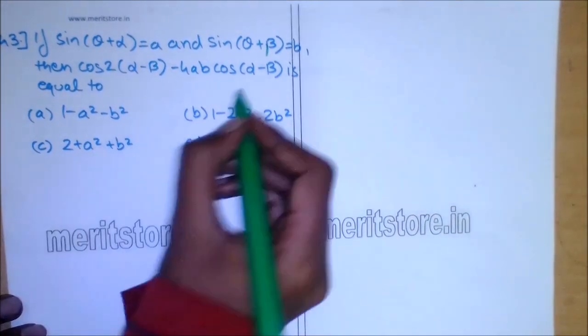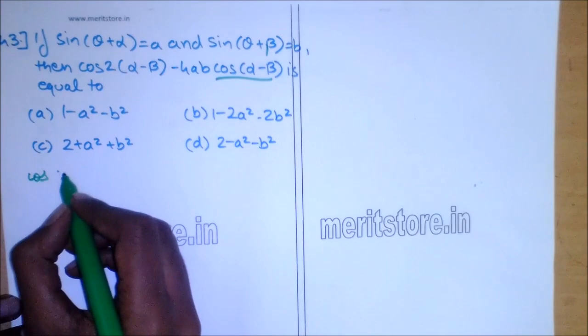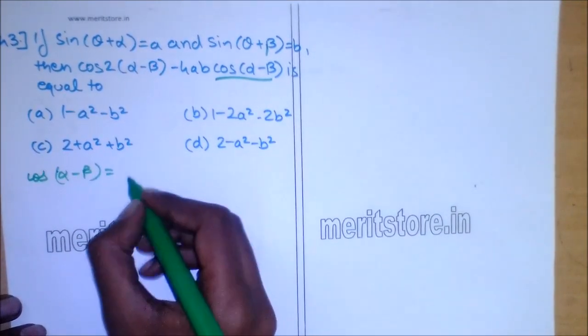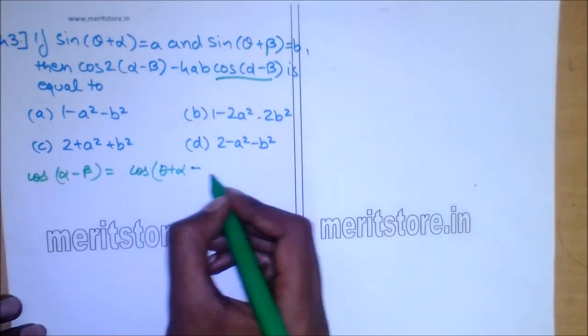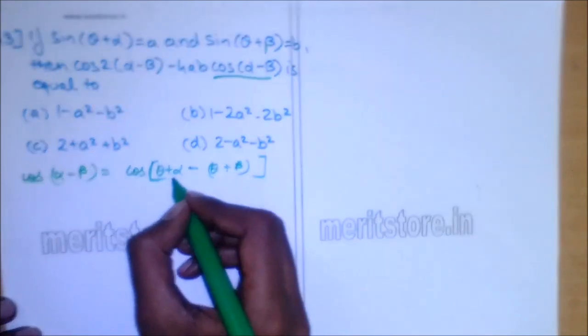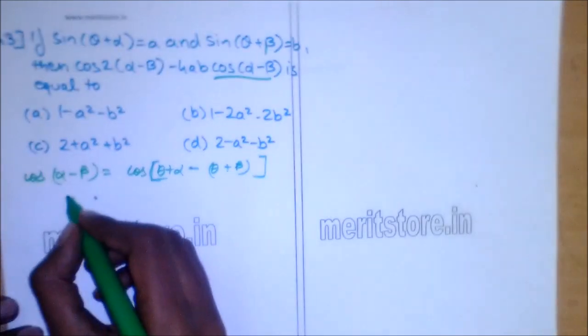So first we find out this term, that is cos of (alpha minus beta). This can be written by adding and subtracting theta. We get cos of (theta plus alpha) minus (theta plus beta) in a bracket. So we expand it using the formula cos of (a minus b).